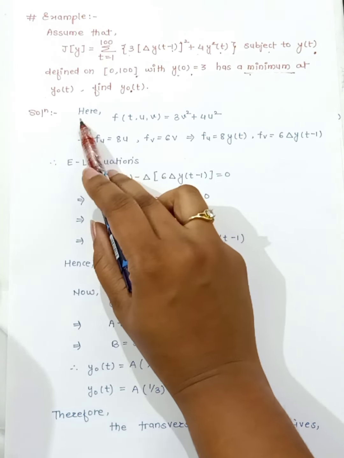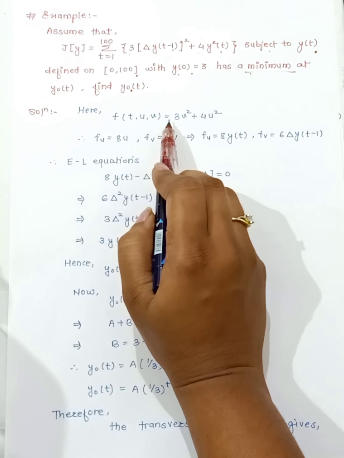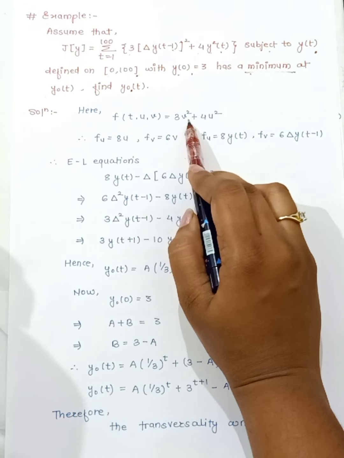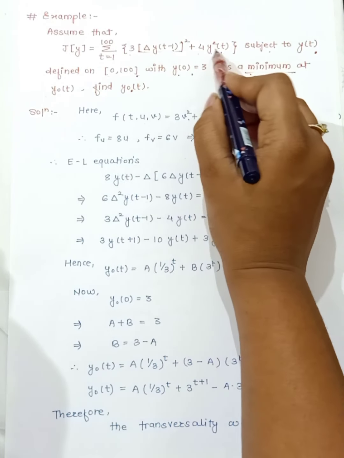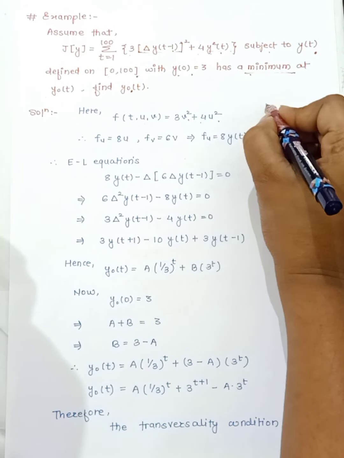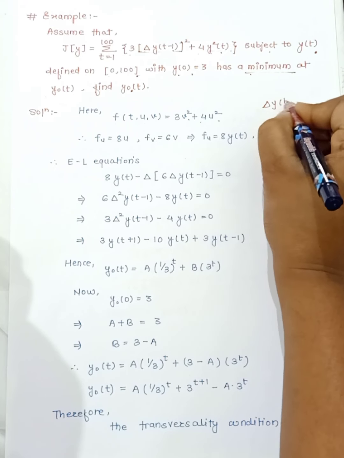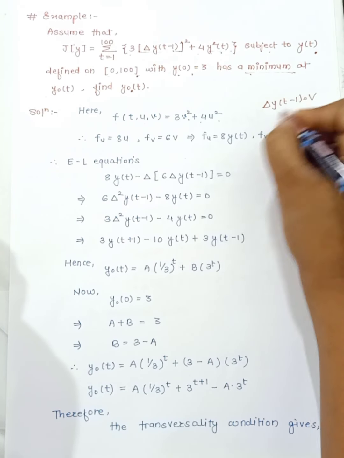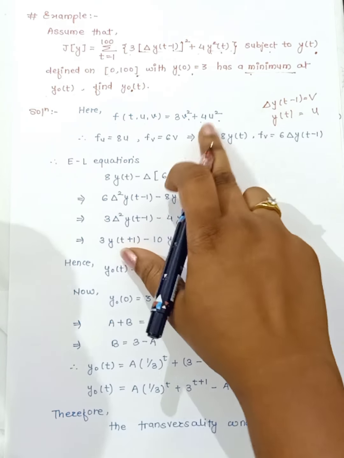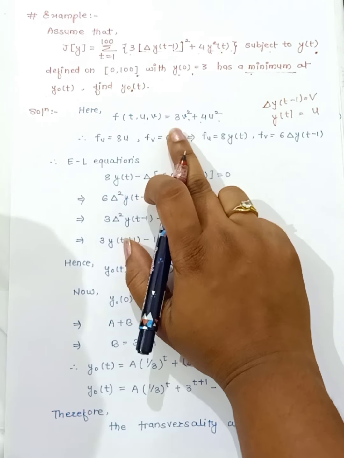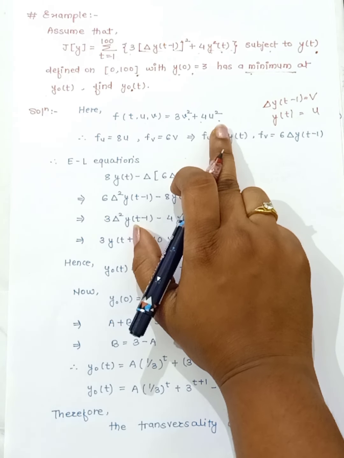Now solution. Here f of t, u, v is equal to 3v square plus 4u square. You all know this is the value of v and this is the value of u. So in the place of delta y of t minus 1 we had v, and in the place of y of t we had u. So by keeping this we get 3v square plus 4u square.